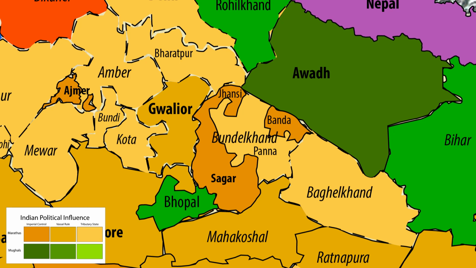The governors at Sagar and Jhansi were appointed administrators and not vassals. They could be appointed or transferred whenever necessary.